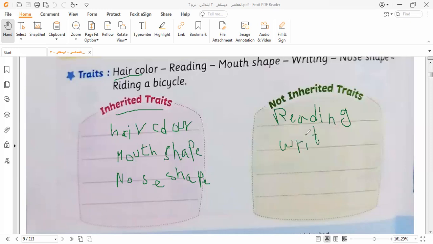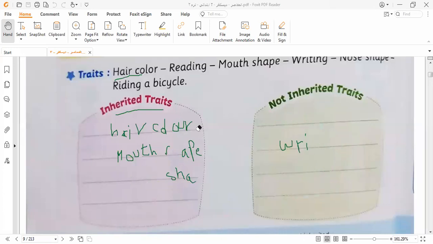Okay, riding a bike. All these are not inherited traits. So now we know the difference between inherited and not inherited traits. If you know the difference between them, you can answer any exercise easily.